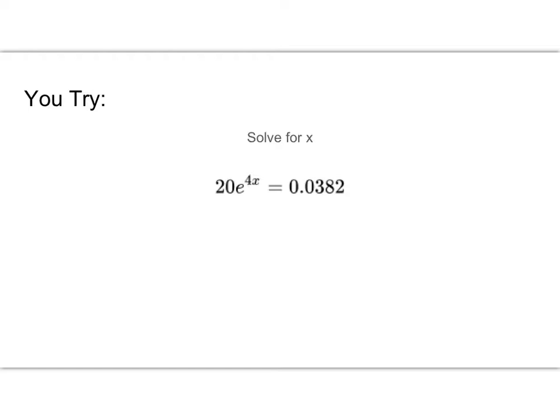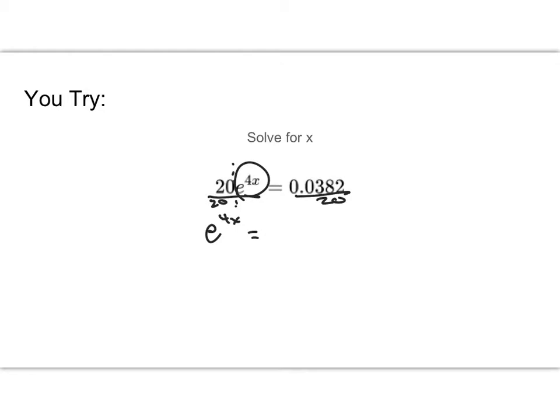Okay, so first thing, I need to undo the 20 from this part, just because I have to go in reverse order of operations when I'm solving. So e to the 4x is equal to, oh, I forgot to tell you, I'm dividing both sides by 20.